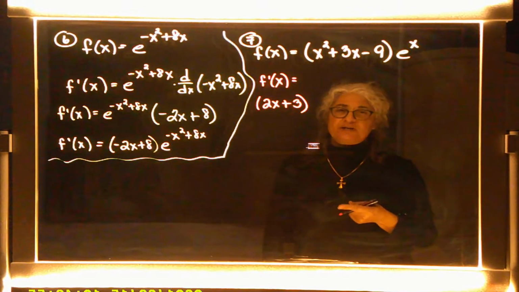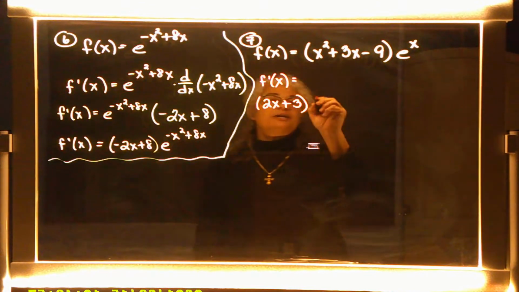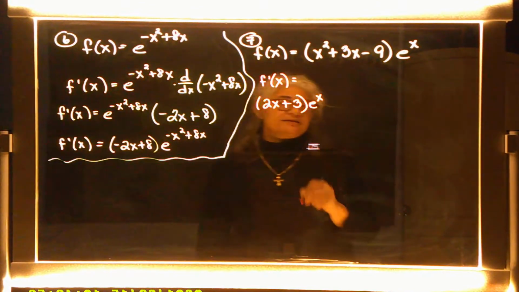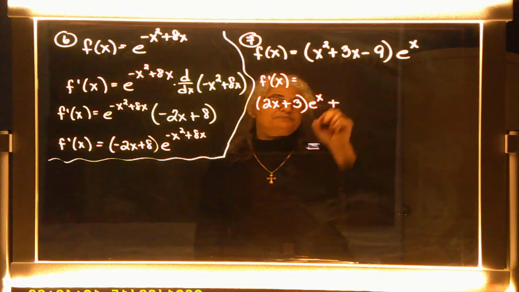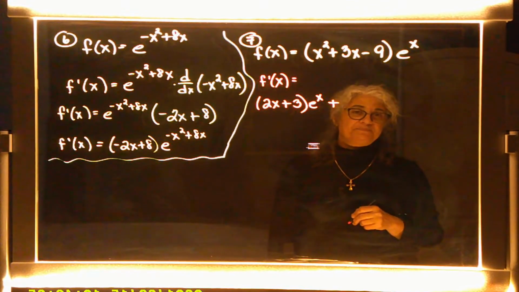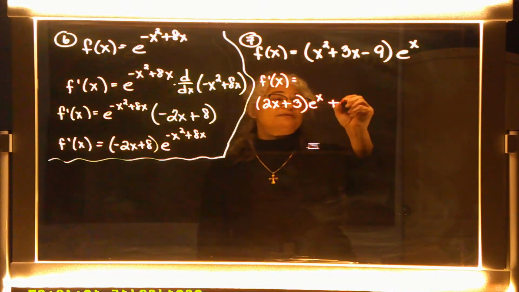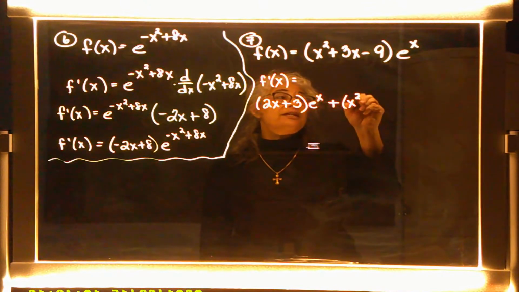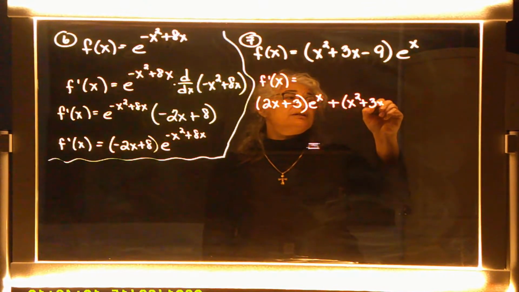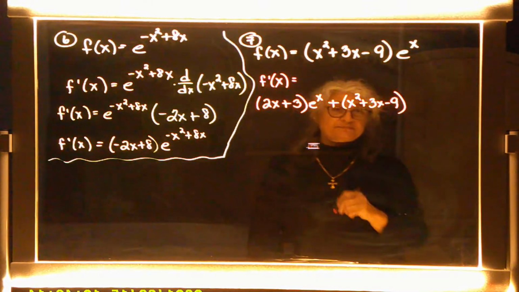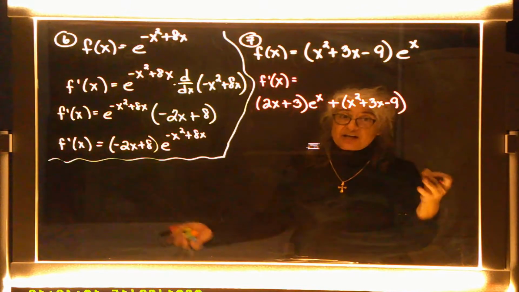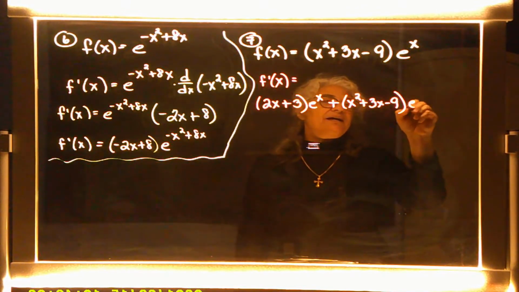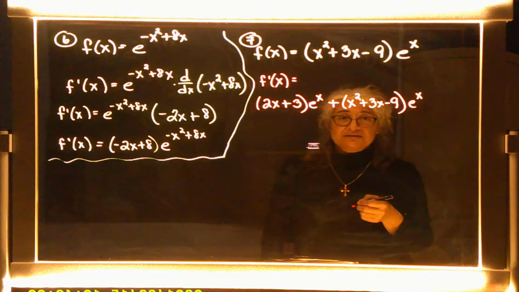Good. And then what? Multiply by e to the x. Awesome. Then what? Yes, an addition problem. What are you adding to it? Good. What's in parentheses, right? Because I don't touch that now. And then what? Multiply by the derivative of e to the x, which is just e to the x, right?